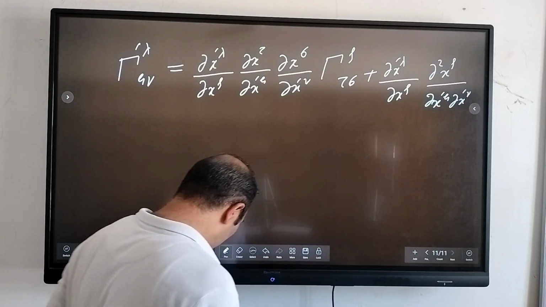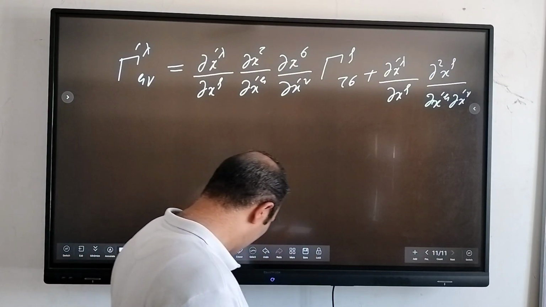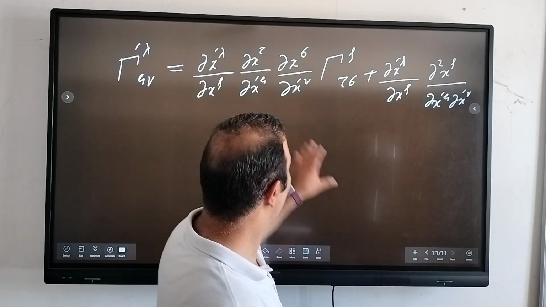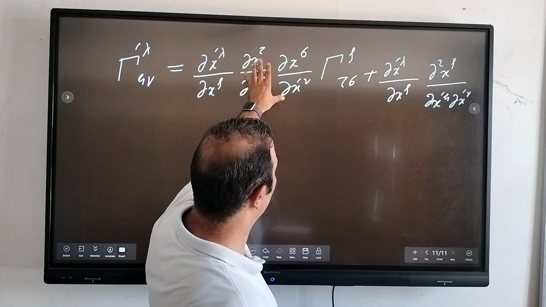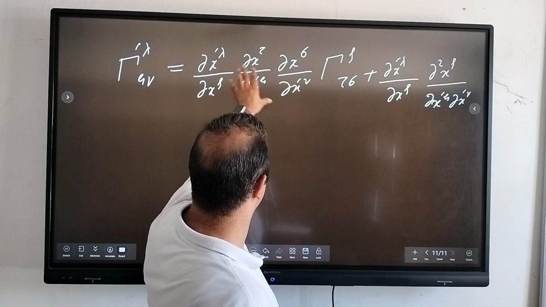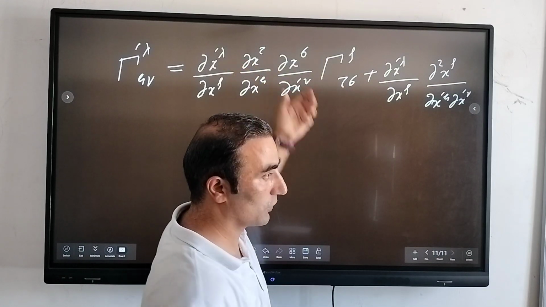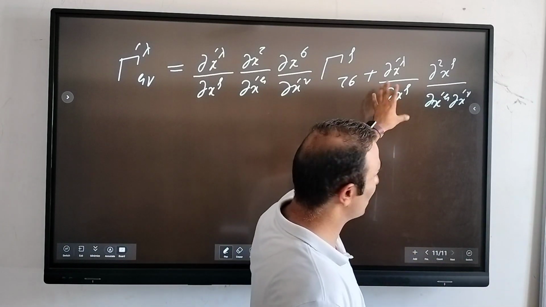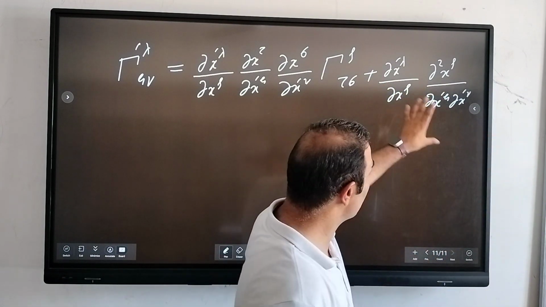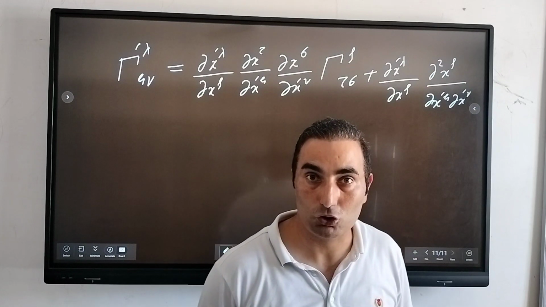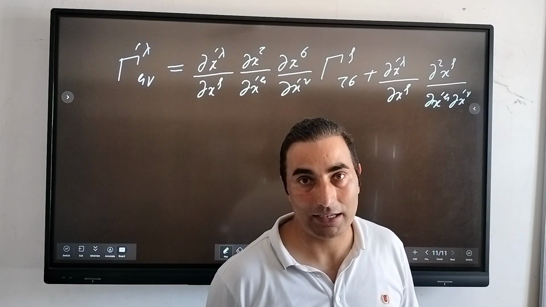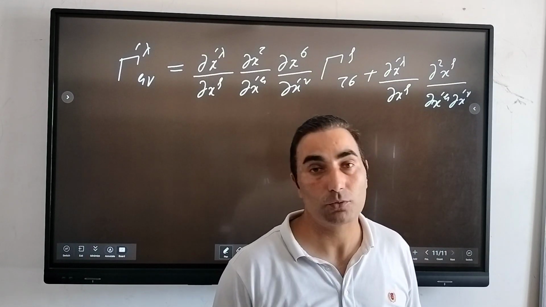We can say that this additional term prevents this tau, this affine term, from transforming like a tensor, because if you put these equal, it transforms like a tensor in that case. But because we have some additional term here, this term helps us to prevent this affine connection from transforming like a tensor.